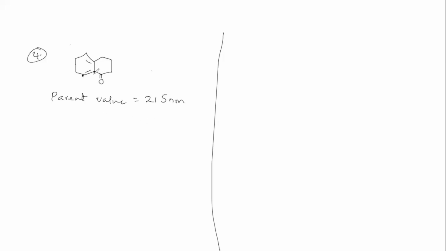Then here is the alpha. So we have one alpha ring residue. Here is the beta. We have one beta ring residue.